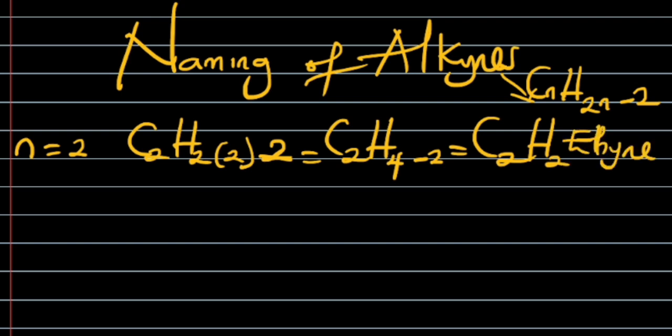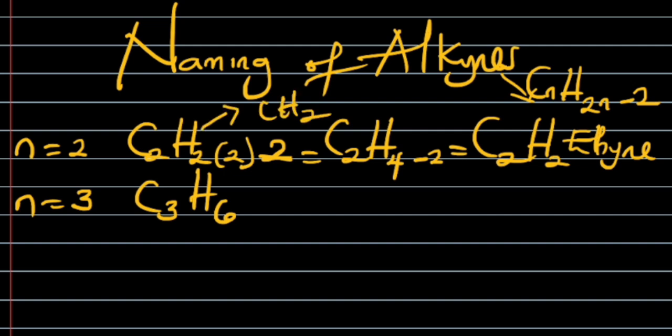That's the first member. The second one, n is equal to 3, gives C3H4. The reason we say they belong to a homologous series is that to get from C2H2 to this, we add CH2.